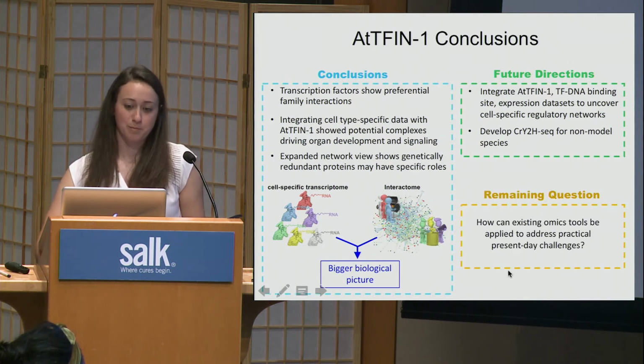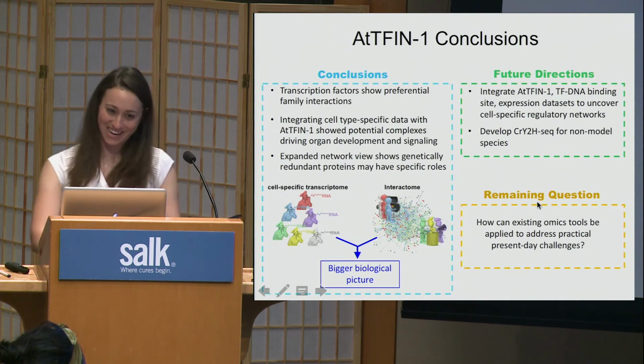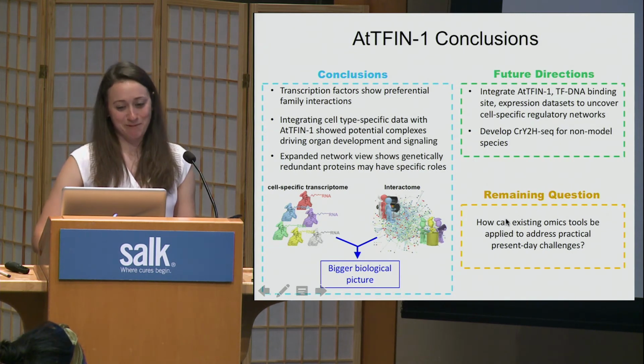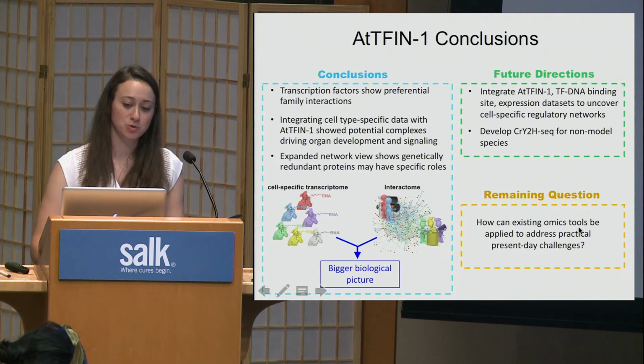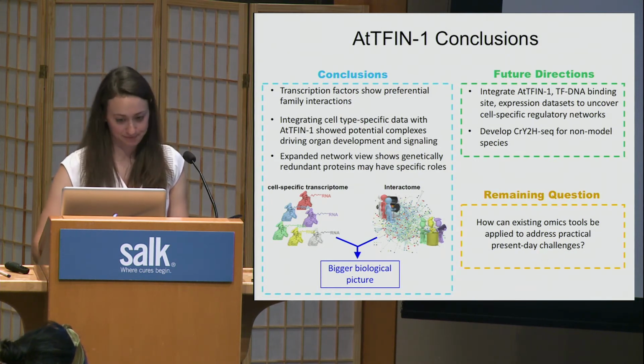But I had a burning question that I wanted to answer, and that was, because the Cry2HC technology wasn't there yet, I wanted to know how existing omics tools could be applied to address a practical present-day challenge.